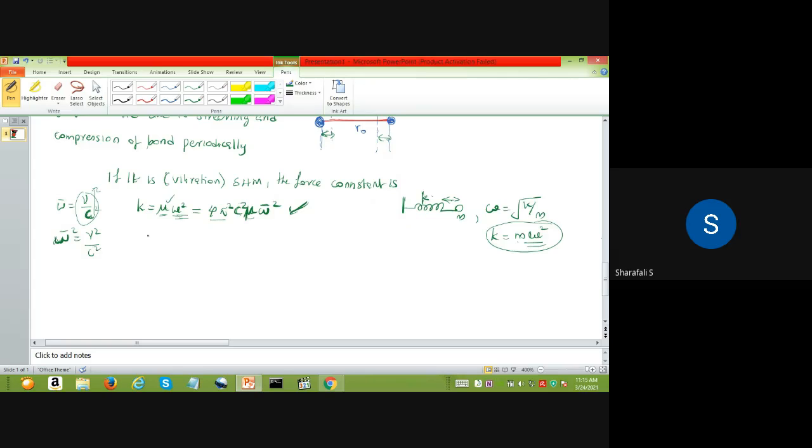And we use that equation for the case of a molecule having harmonic vibration.